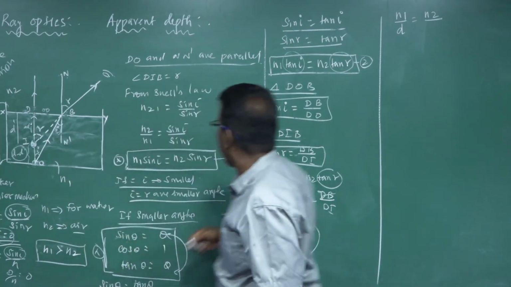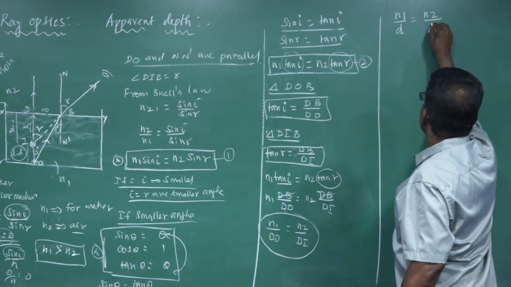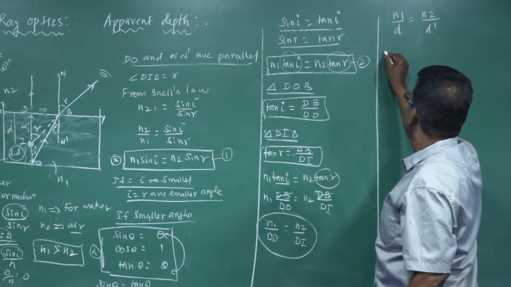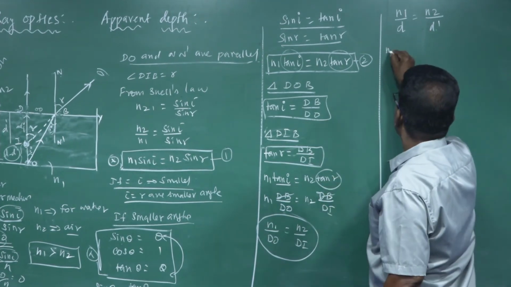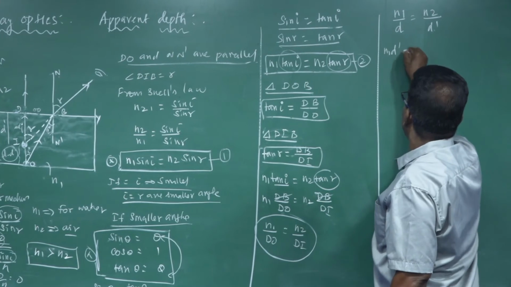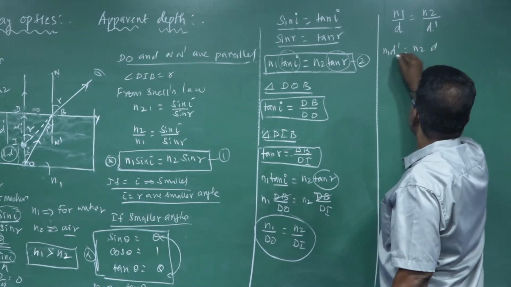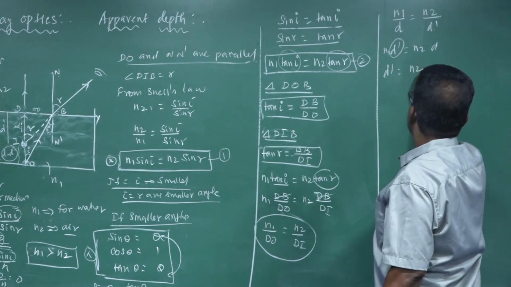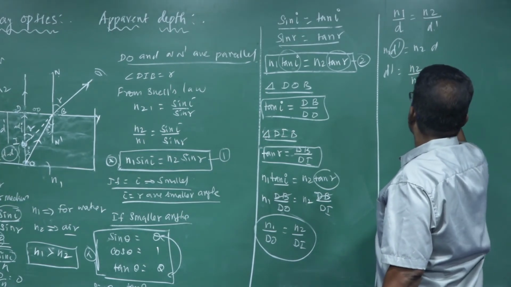DI, that's D prime. Our aim is to calculate only the D prime. Once again rearrange: N1 D prime is equal to N2 D. So D prime is equal to N2 by N1 into D.